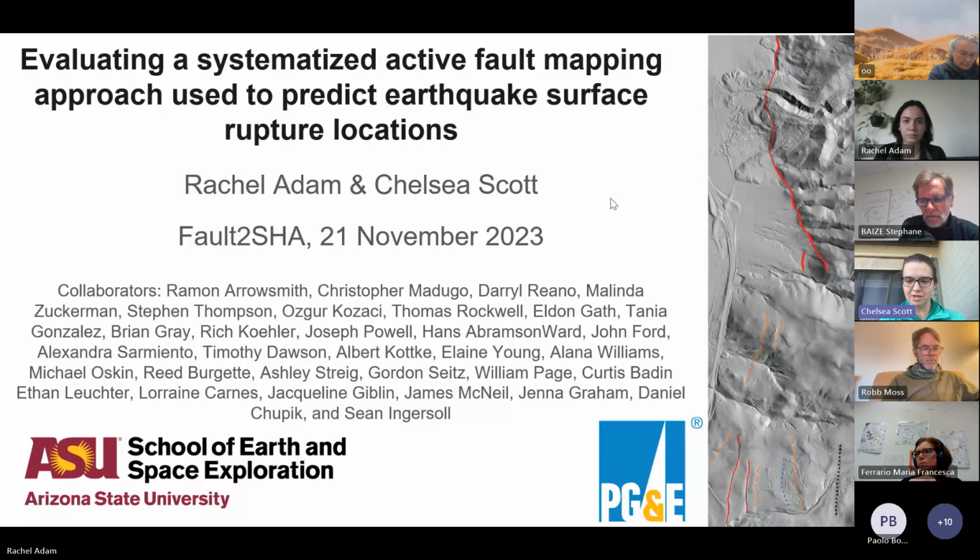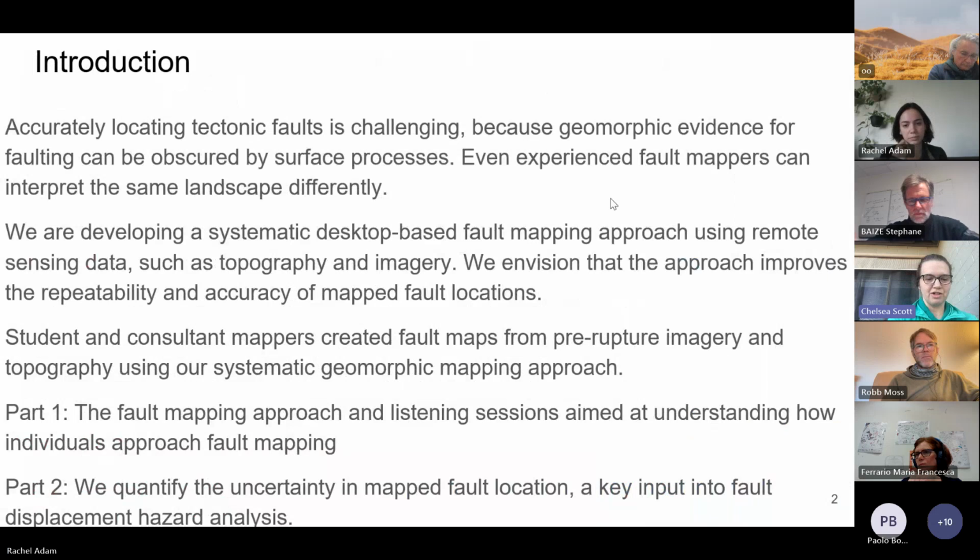And then on the next slide, by way of introduction, we have a few points here. So accurately locating tectonic faults is challenging because geomorphic evidence for faulting can be obscured by surface processes. And we found that even experienced fault mappers can interpret the same landscape differently.